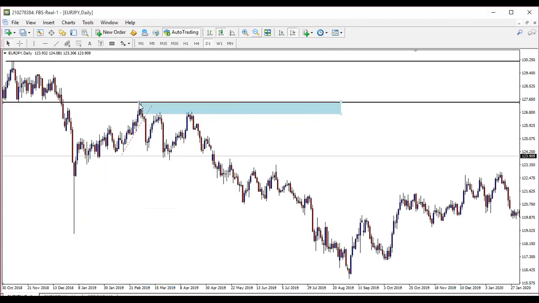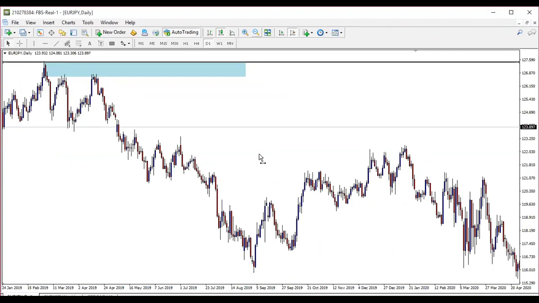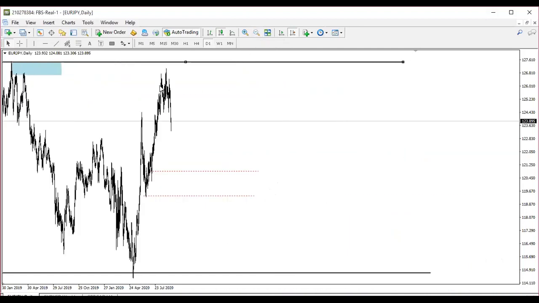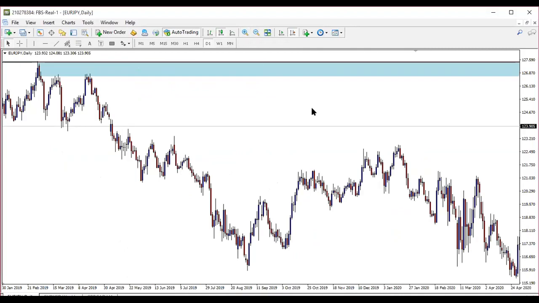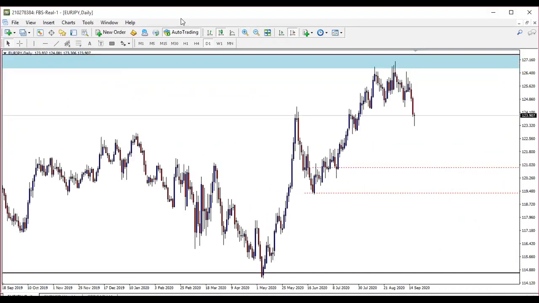It's a swing. Currently the zone in control on daily.